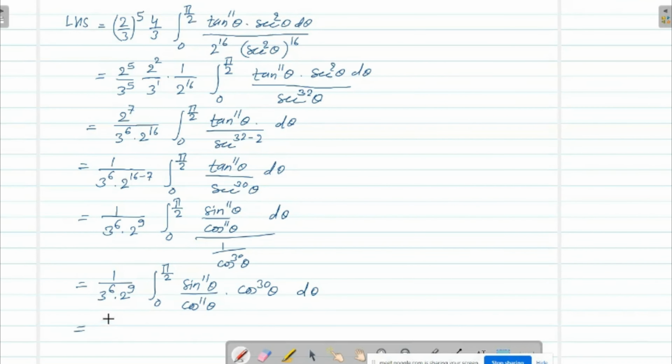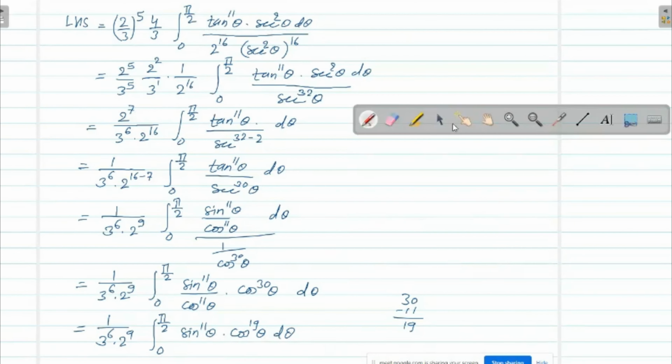So this gives 1 upon 3 raised to 6 into 2 raised to 9, integration with limit 0 to pi by 2, sin raised to 11 theta, and cos cancels here, leaving cos raised to 30 minus 11, that is 19. So write here cos 19 theta and d theta. It is coming like this. Let it come.